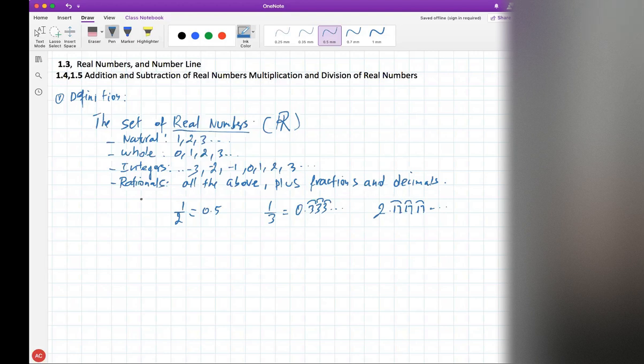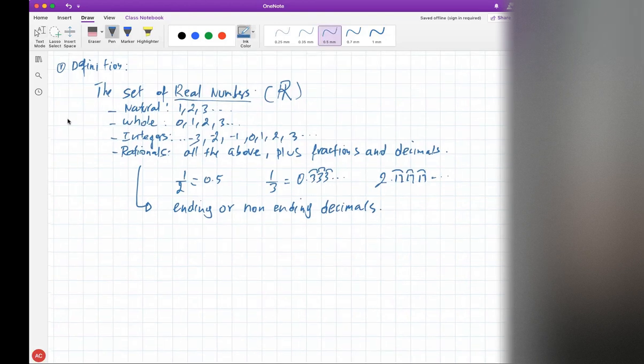So we have basically 2 types of decimals when it comes to rational numbers: ending decimals like this that end, or repeating decimals. These could keep going and going infinitely. So we call these non-ending decimals. Okay, so that's the other group.